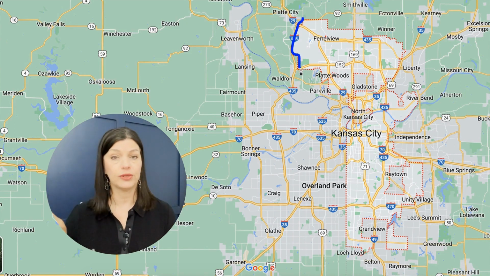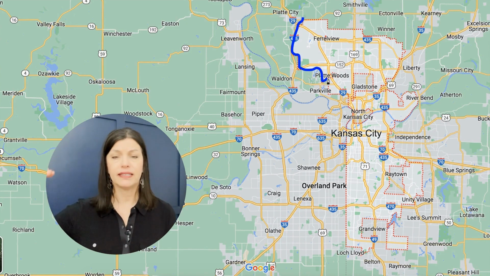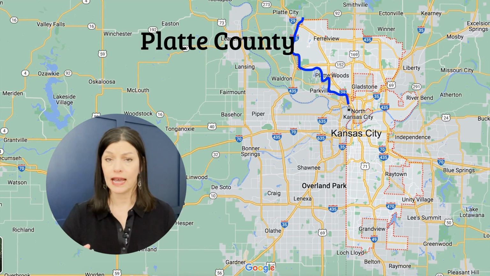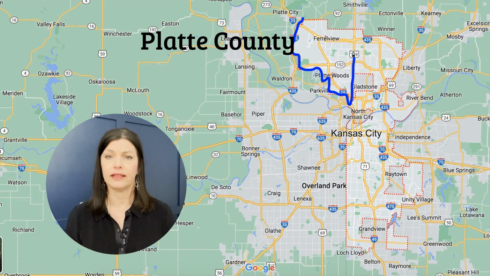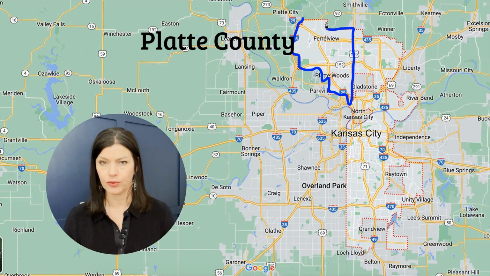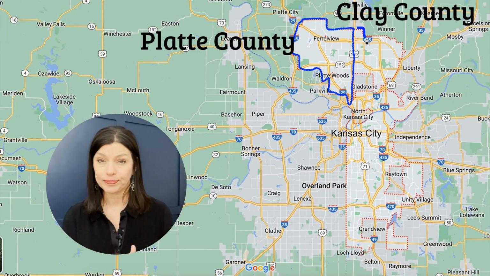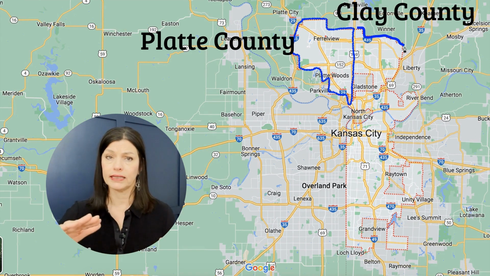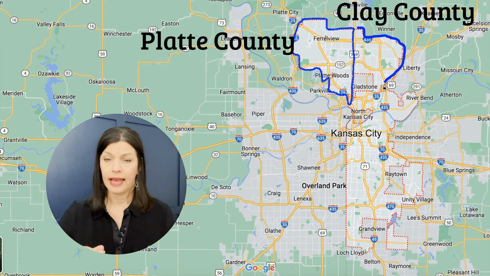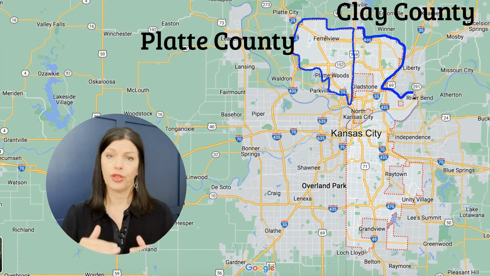Platte County includes the airport, and it comes basically down from the airport to downtown and cuts there at the river and then also at 169 Highway. On the other side of 169 is Clay County. And Clay County goes up basically to Liberty and goes down to the river.